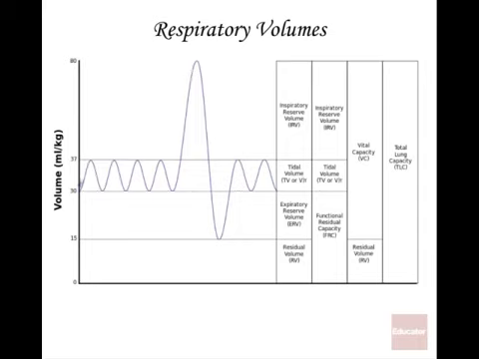So here we go. I'm taking inhalations and exhalations that are just very shallow here. Here comes a big one. And so on.